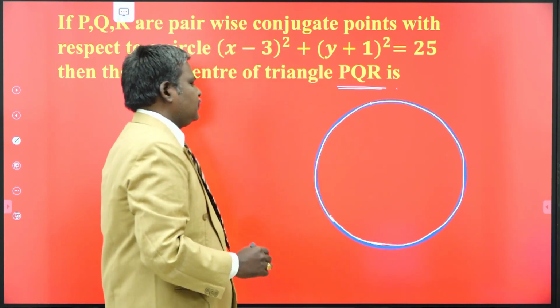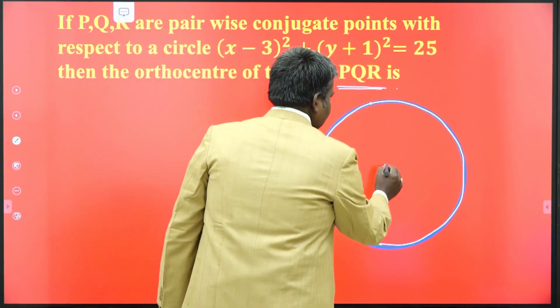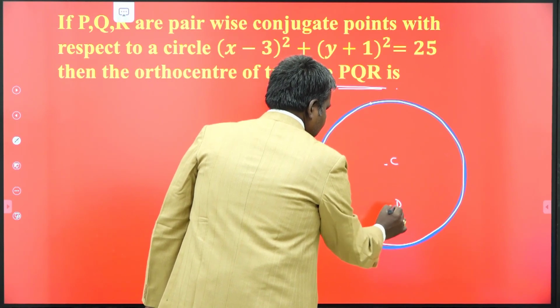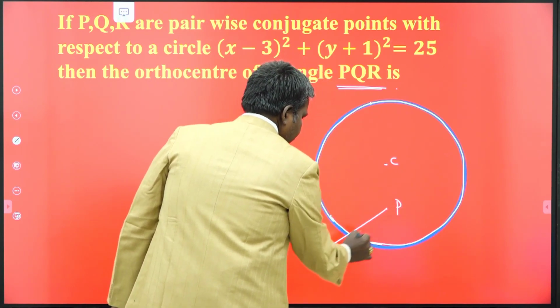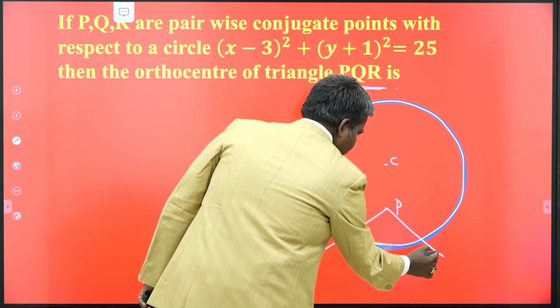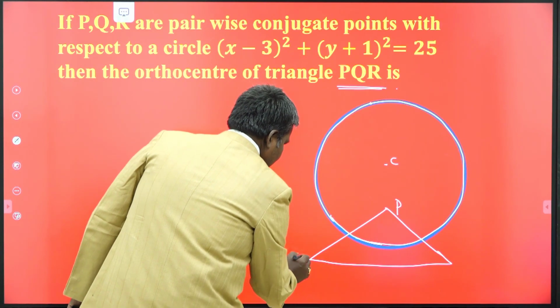This is the circle, and this is the center of the circle. Suppose this is the point P, say. Now, I am going to take the triangle PQR in this manner.